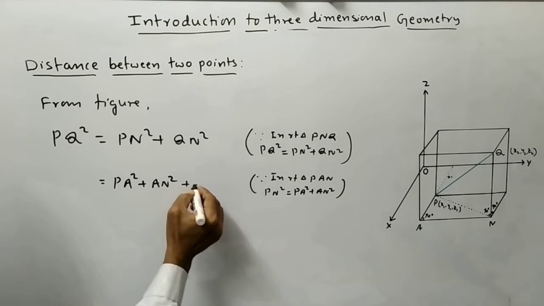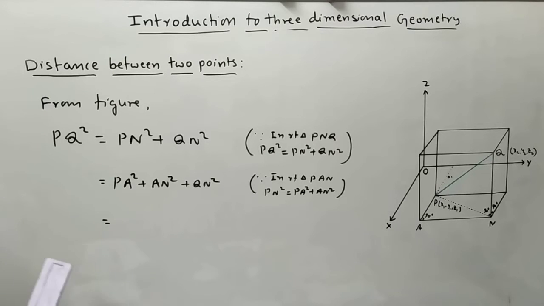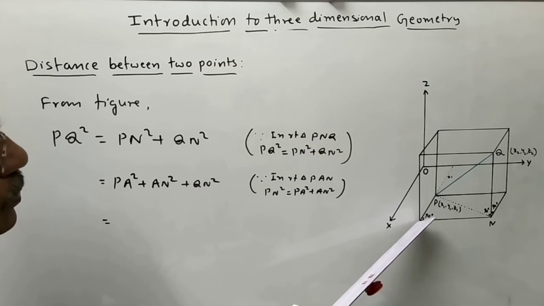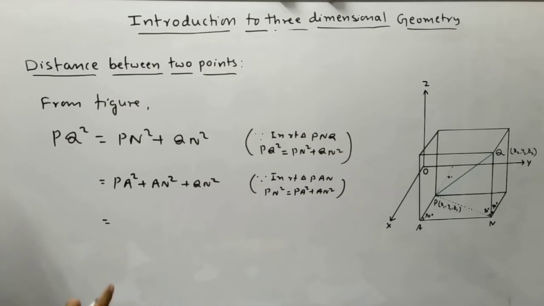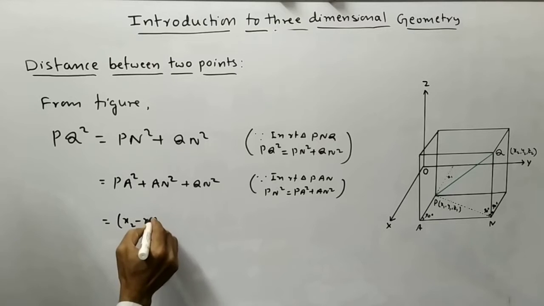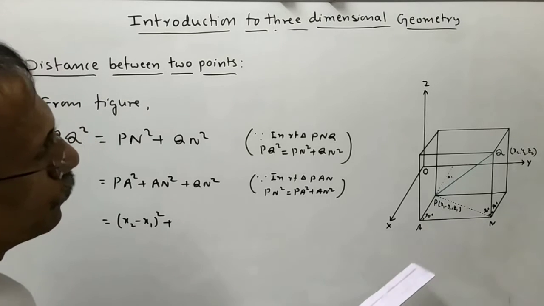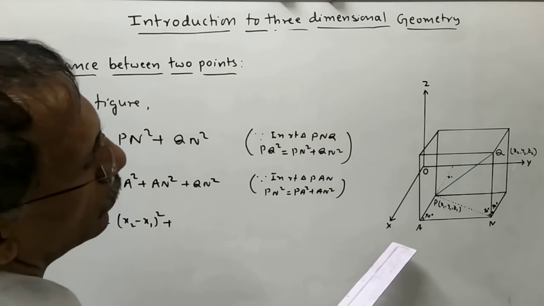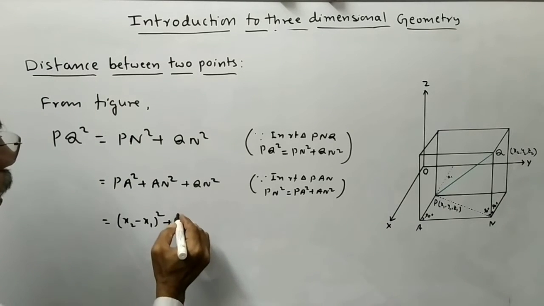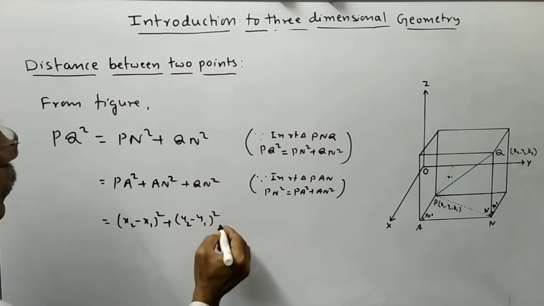Here plus QN square, we can write it as: PA is nothing but x2 minus x1. Therefore PA square is equal to x2 minus x1 whole square. AN is nothing but y2 minus y1, therefore AN square is equal to y2 minus y1 whole square.